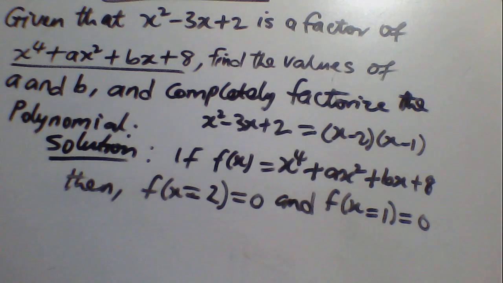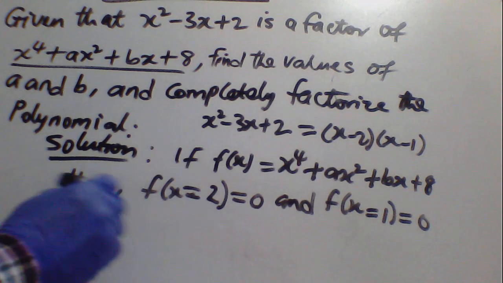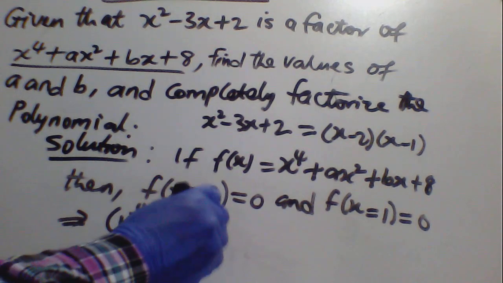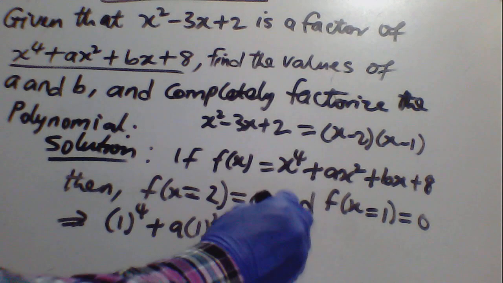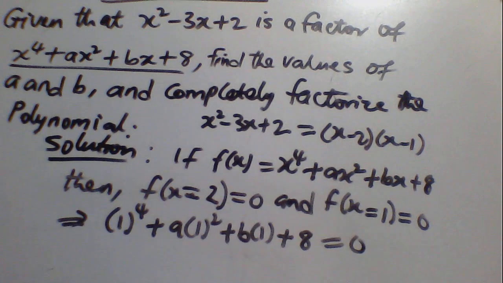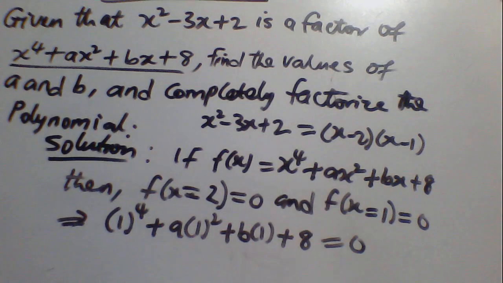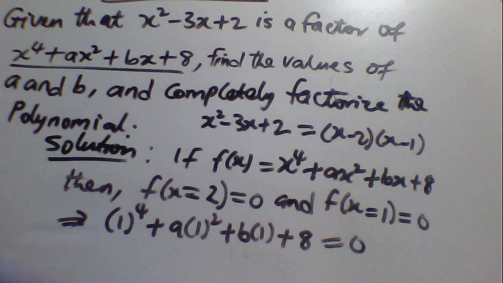So let's start from the first one. Wherever we see x, put 1. So we have 1 raised to the power 4 plus a in bracket 1 raised to the power 2 plus b times 1 plus 8, and the result will give us 0 if actually this is a factor, and x equals 1 is the root. The result must equal 0 for the factor theorem to be obeyed.